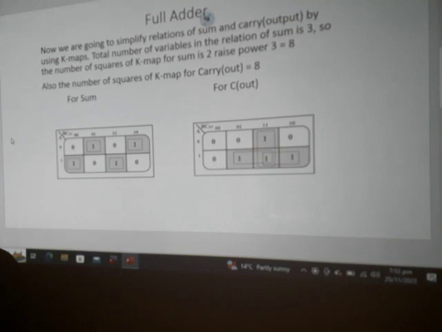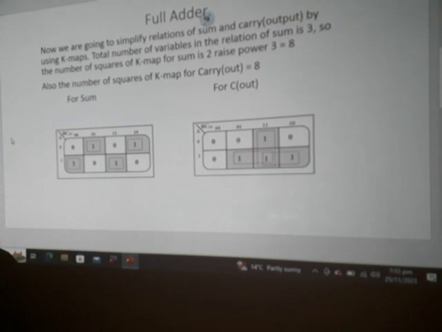Similarly, we have 1, 1, 1 in the third row, second column, third column, and fourth column. Now we can make groups of 2 each. First group is in the second row and columns 2 and 3. Similarly, we make a group in this row, which is in columns 3rd and 4th.